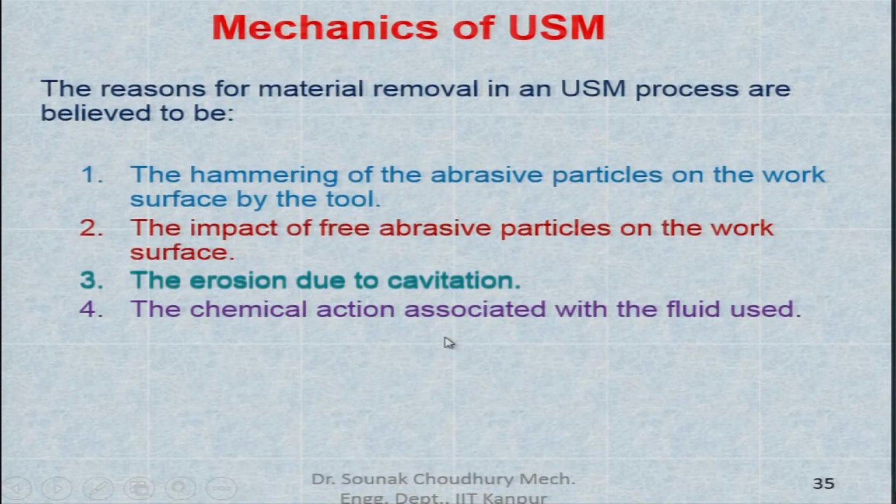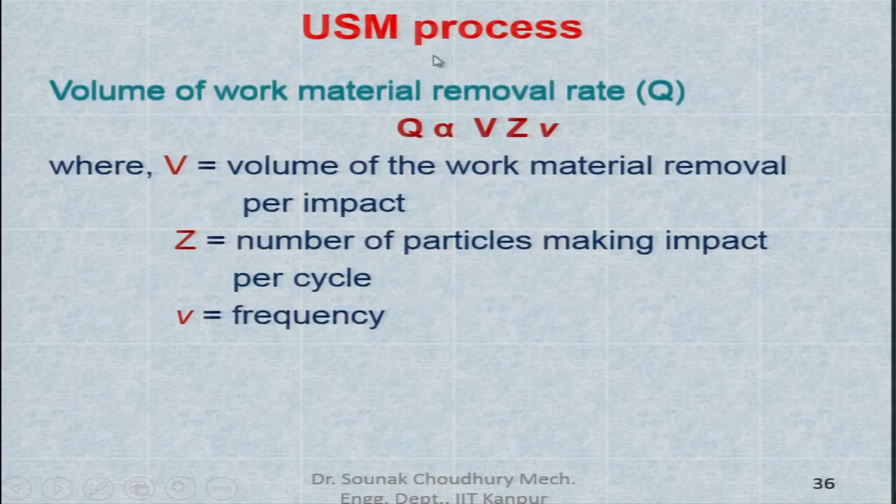Fourth, the chemical action associated with the fluid used. These are the different reasons, one of them or a few together, to some extent or to a large extent, that can be applied as the mechanics of ultrasonic machining. That's what is said here.